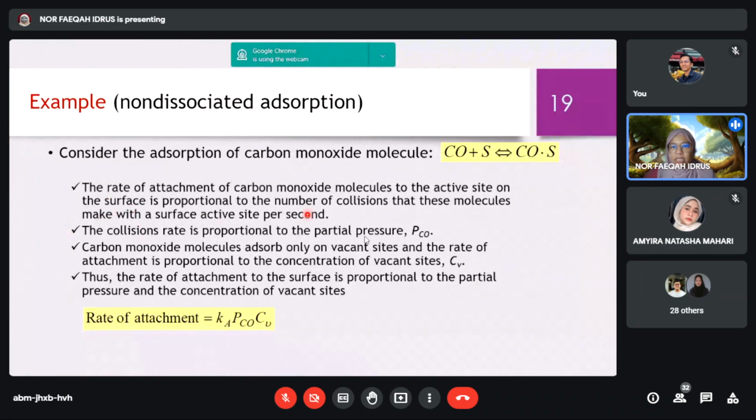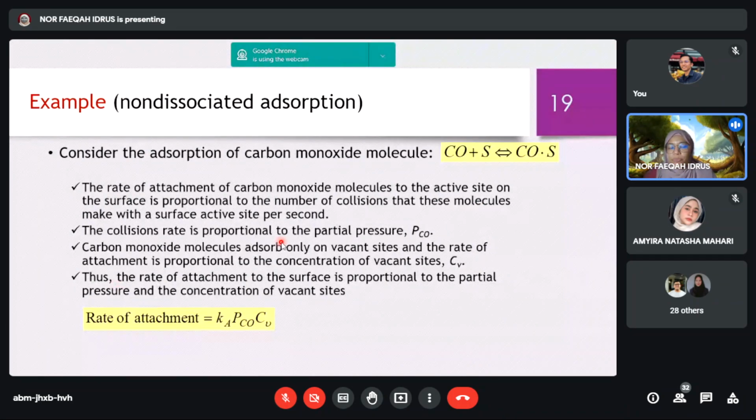This is how the adsorption occurs. The rate of attachment of carbon monoxide molecules to the active site on the surface is proportional to the number of collisions that these molecules make with the surface active site per second. As I said earlier, because of the collision between the molecule and the active site, adsorption can occur. Without the collision, there is no adsorption.